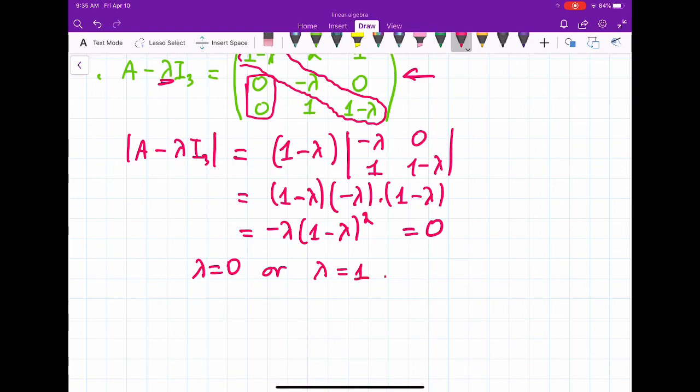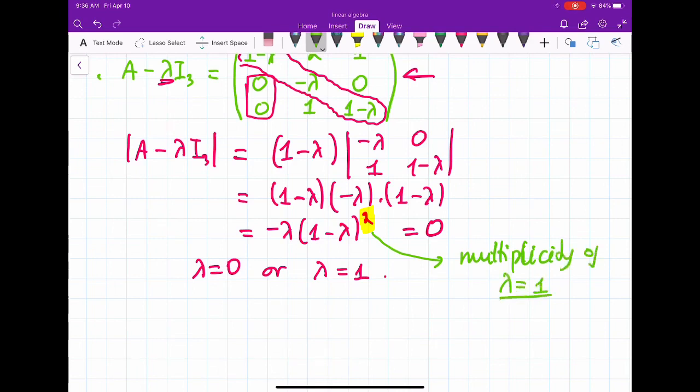Okay? Here I want to mention one thing. The number 2 right here is called the multiplicity of the eigenvalue lambda equal to 1. Multiplicity. Okay, why?